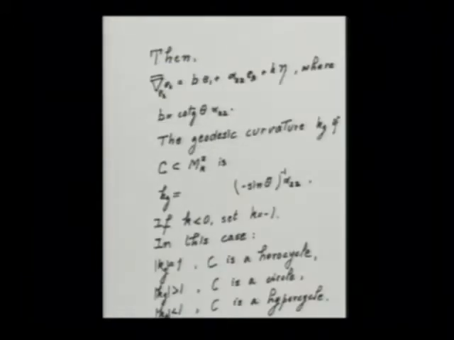We take the connection of the R4, the big space, call it D bar, and then we can prove that the D bar of E2 in the direction of E2 has three components, but this will be perpendicular to E2.